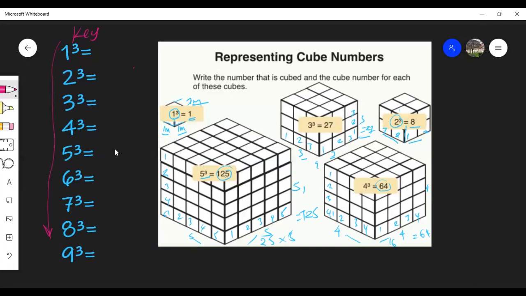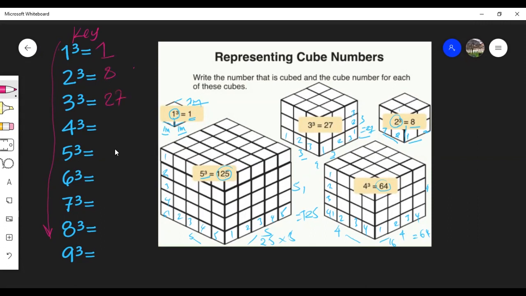Number one, I recommend that you know this offhand: 1 cubed gives you the answer of 1. 2 cubed will give you 8. 3 cubed will give you 27.